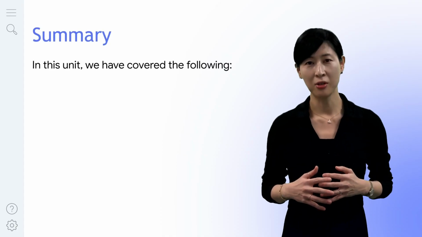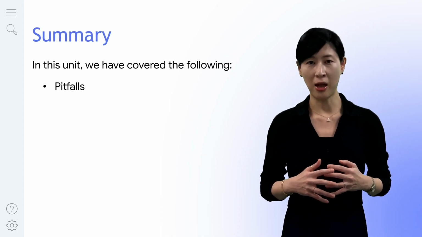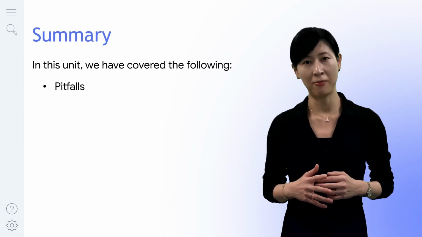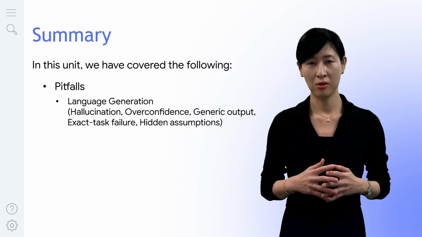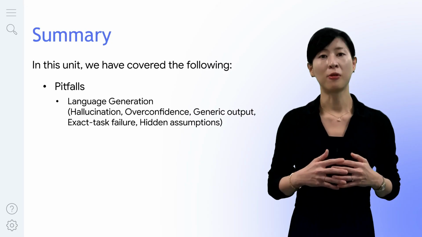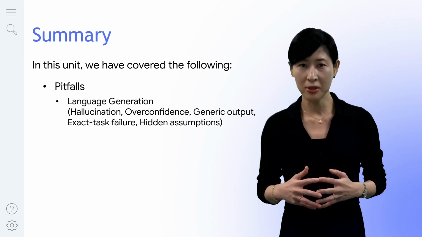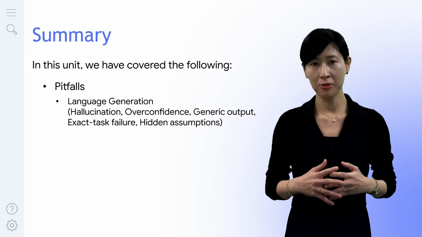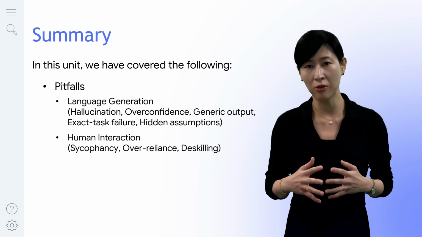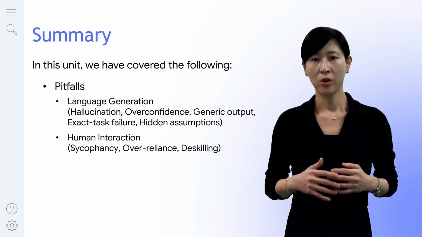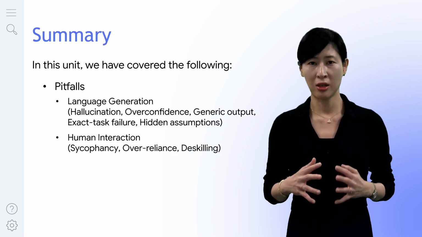Let's recap. We saw that the pitfalls of LLMs fall into three families: those that come from how the model generates language: hallucination, overconfidence, generic output, exact task failures, and hidden assumptions. Those that come from how we interact with it: sycophancy, over-reliance, and de-skilling.